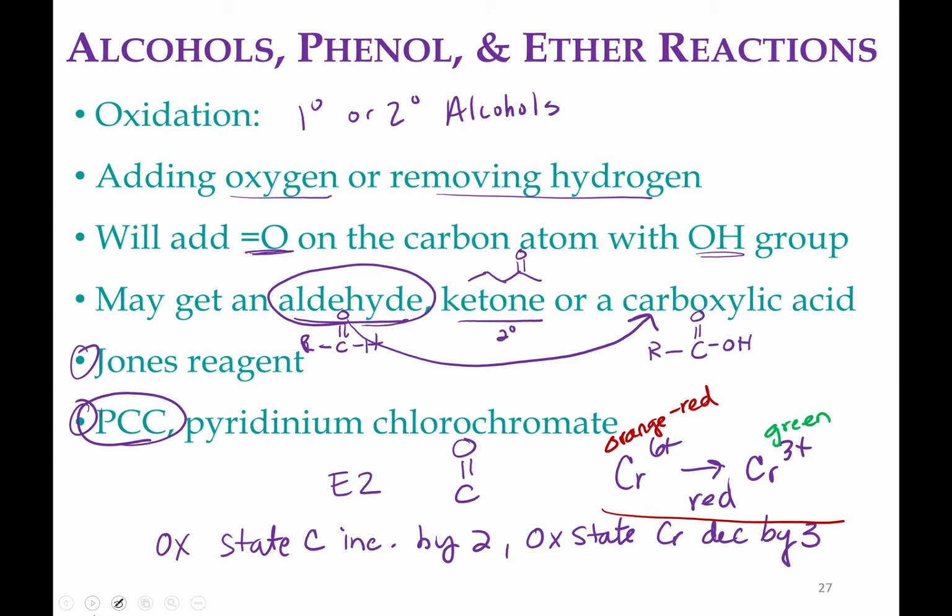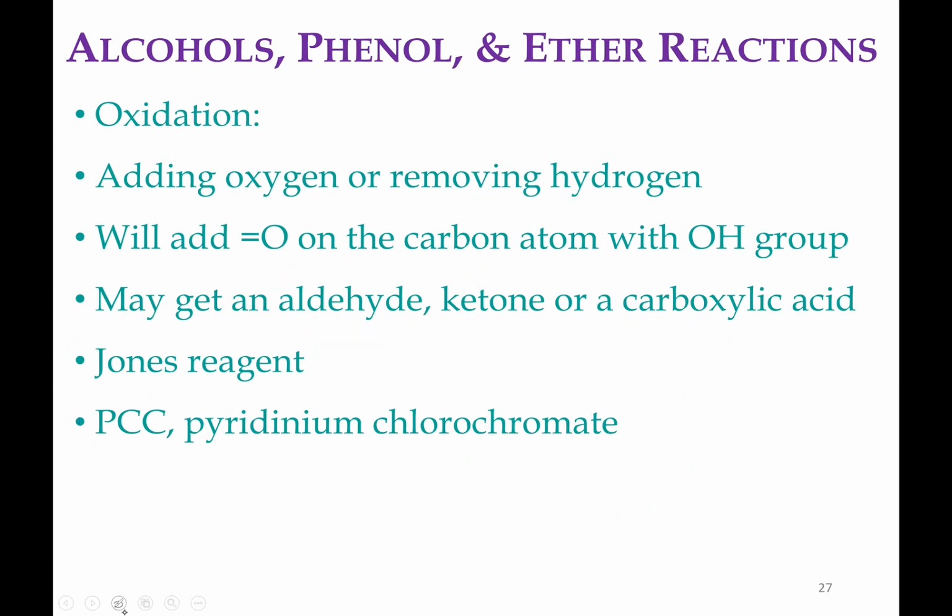Let me just be clear. I'm going to erase this. I want to be clear about what we get here. So with Jones reagent, if we have a primary alcohol, they are going to go all the way to the carboxylic acid. They stop briefly at the aldehyde in the middle.